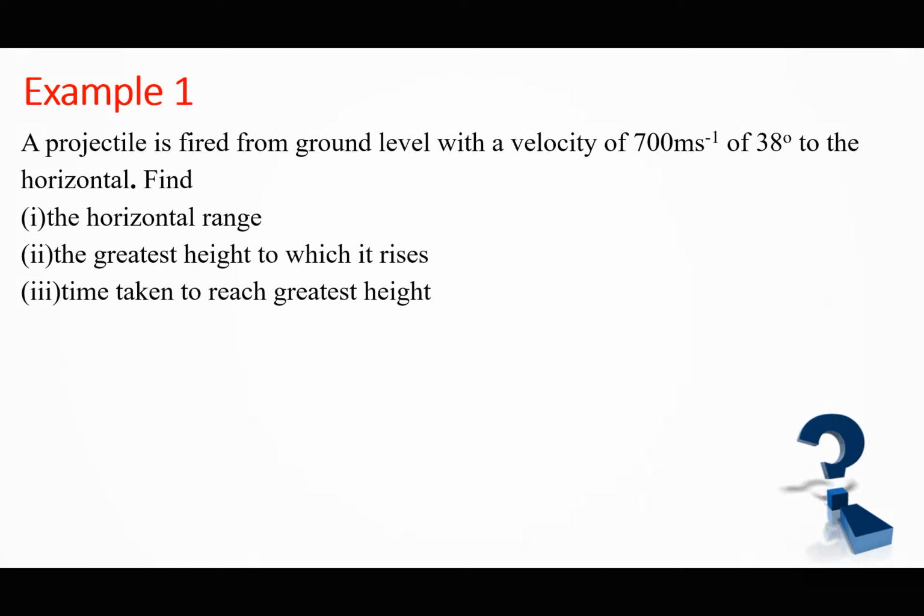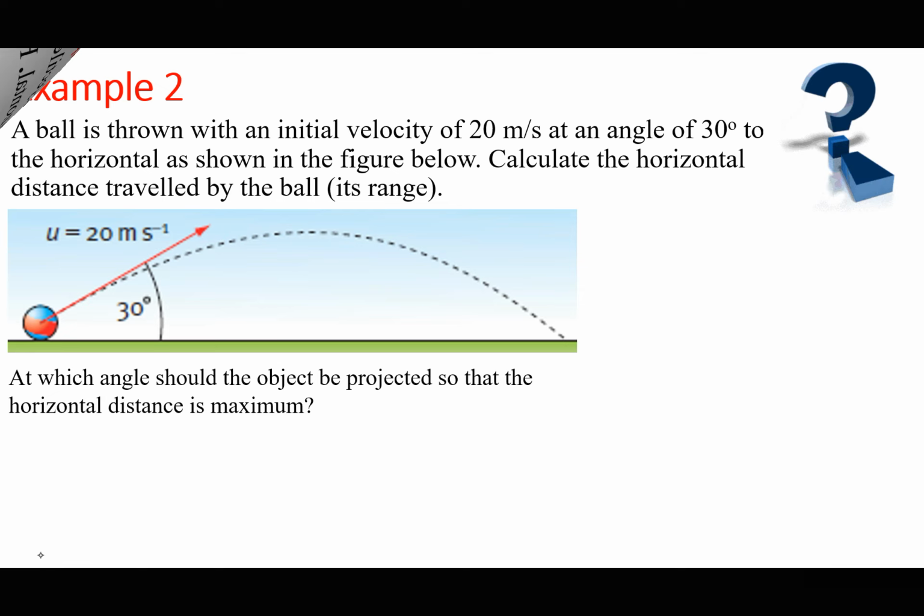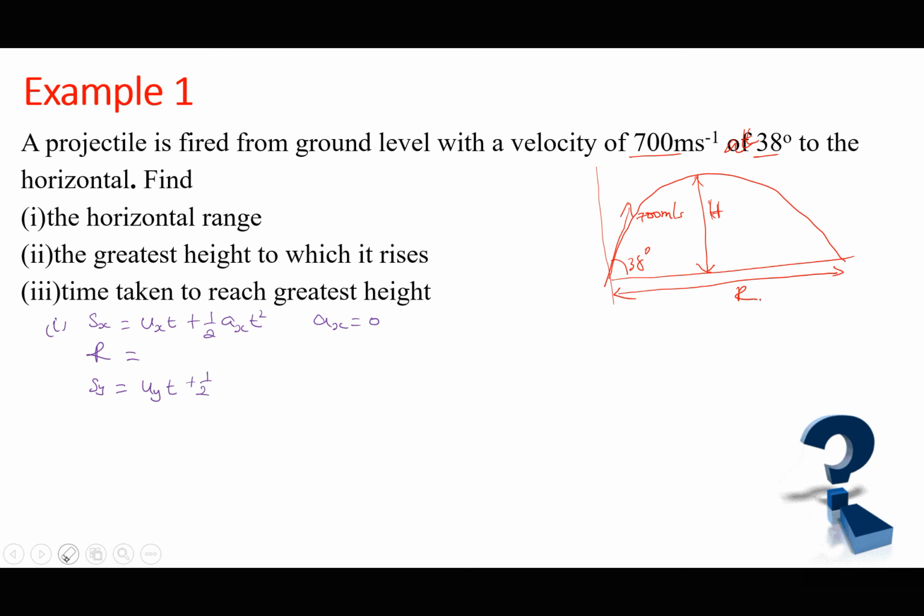Sorry about this. The velocity in the horizontal is going to be 700 cos of 38. The velocity in the vertical is going to be 700 sine of 38. So this is going to be 700 cos of 38 times t.